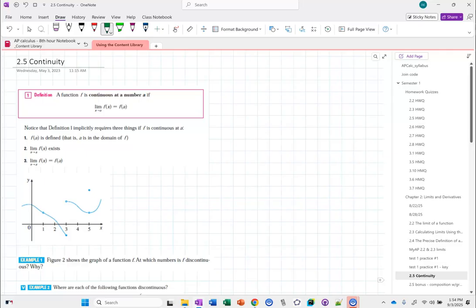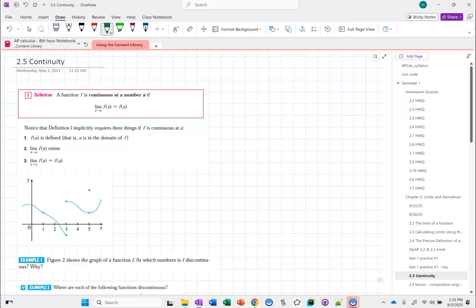Everything comes in, comes out, and it's there. Do you agree? So the coming in, that's the left-hand limit. The coming out is the right-hand limit. Being there is the function being defined at that value. So remember, if the left-hand limit equals the right-hand limit, that says the limit exists and has the same value.